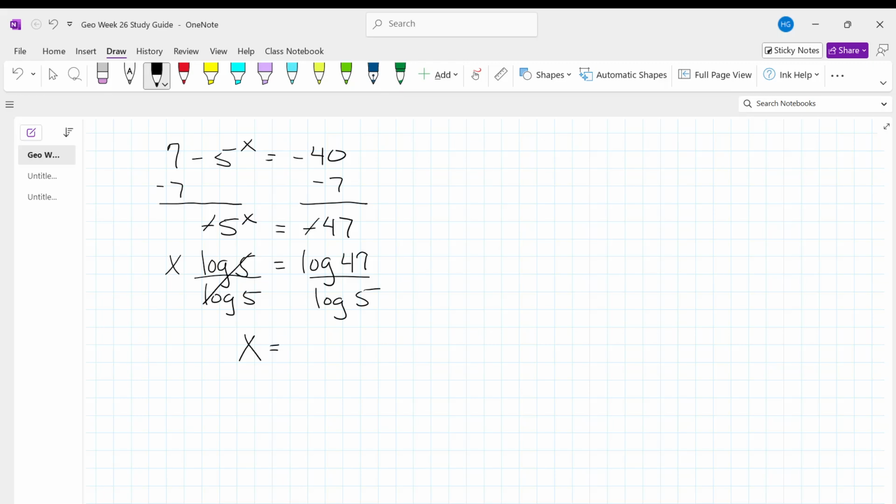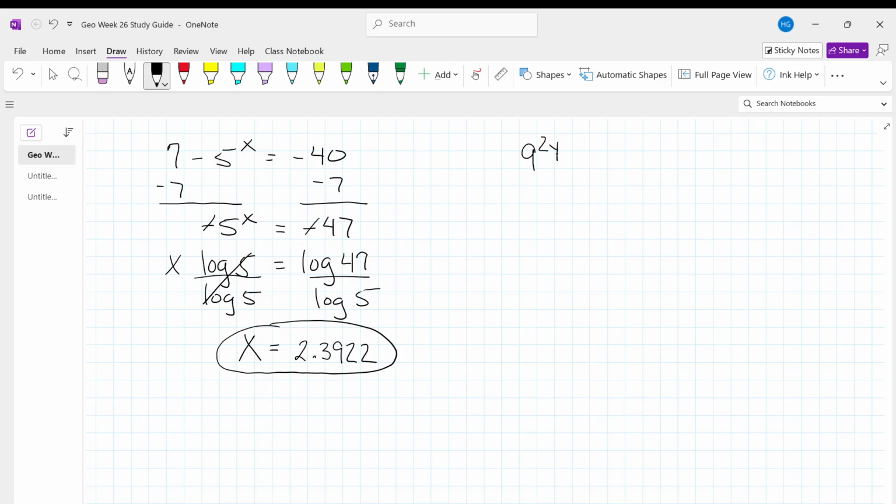So log 47, or 47 log divided by 5 log, is 2.3922. Getting the idea?